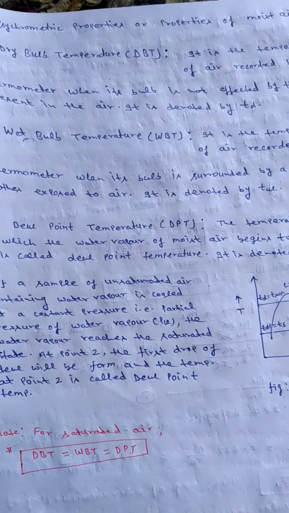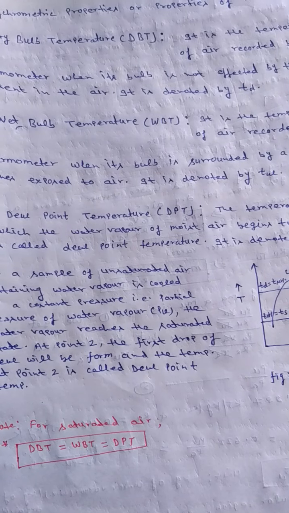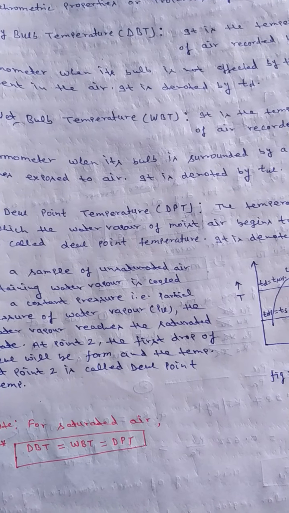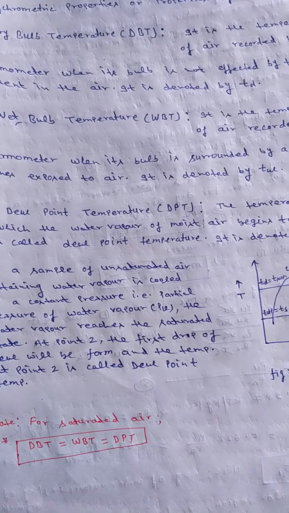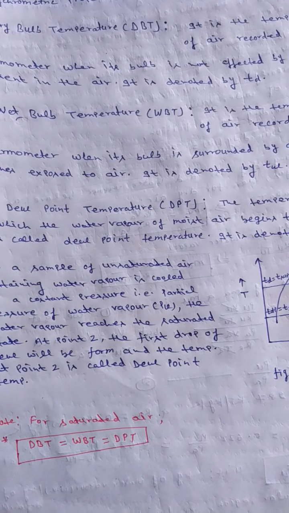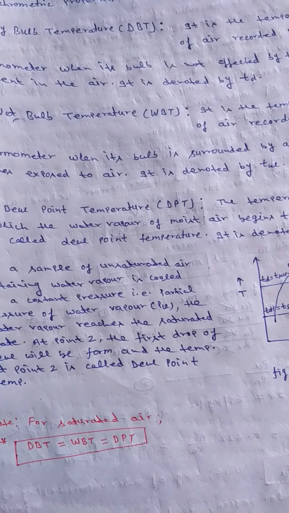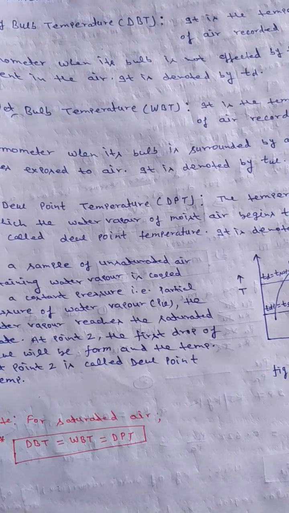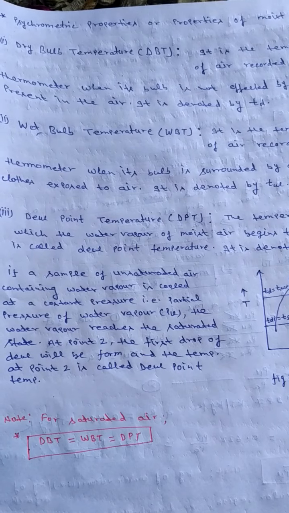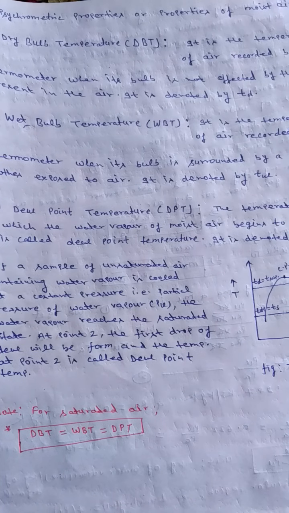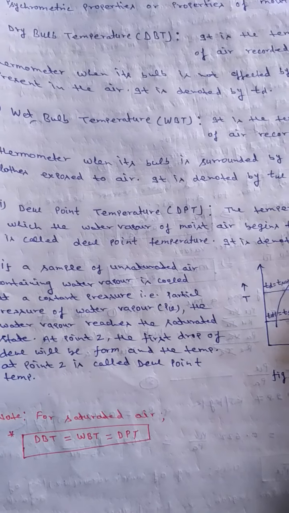So the air will pass through the wet cloth, and the temperature will drop and drop, and a stage will come after which the temperature will not drop, and the air surrounding the wet bulb becomes saturated. When the air becomes saturated around the bulb, the temperature recorded by the thermometer is called wet bulb temperature, and it is noted by TW.